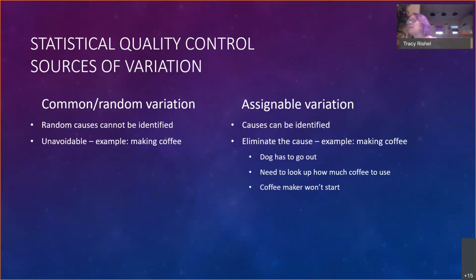So when we look at quality, quality issues are created by variation. If you studied statistics at all, variability is not a good thing. We want to eliminate as much variability as possible and try to determine where that variability is coming from and try to improve that.